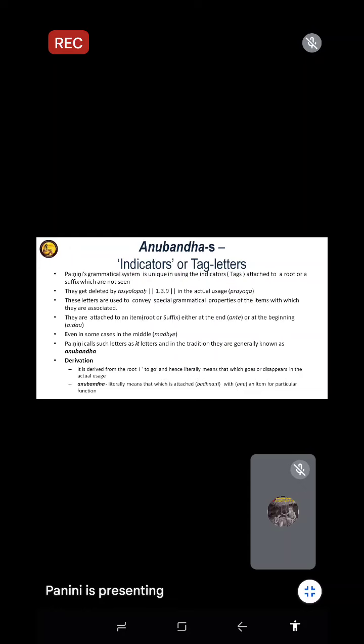So a tag helps in understanding and identifying a category, a class of items, a function. This is what we get in our modern sciences. Even in science and mathematics, we use different superscripts. Why superscripts? It is only to indicate the value of it, the function of it.